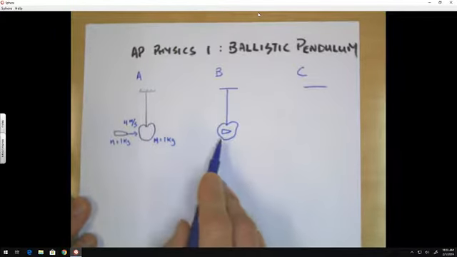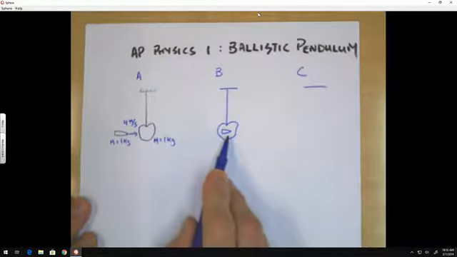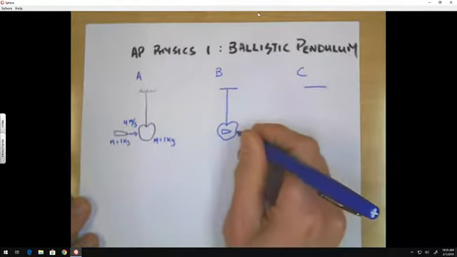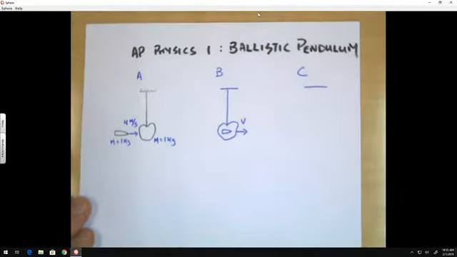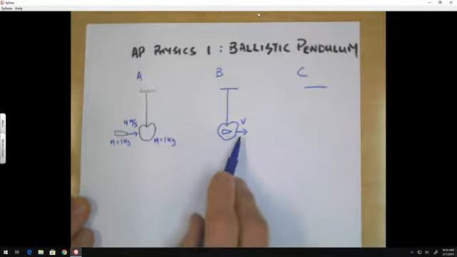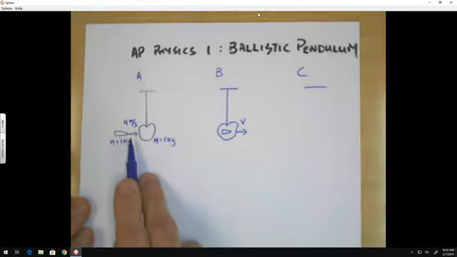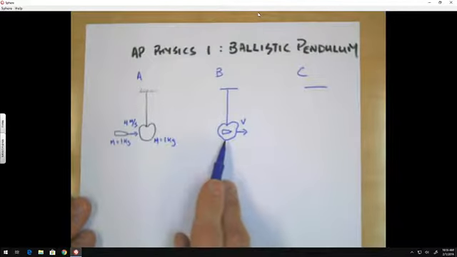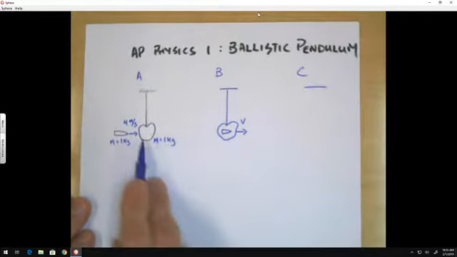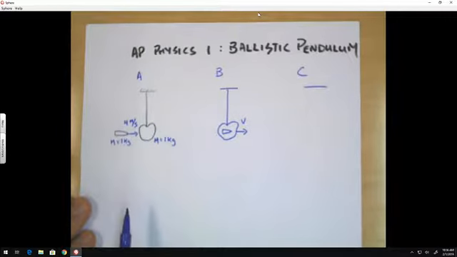So we're going to have the dart inside the apple, and now this apple is going to recoil with some velocity v. This velocity is not going to be the same as the initial velocity, and I hope you can recognize that this type of collision is an inelastic collision. It's a sticking collision. So we're going to have to use some momentum conservation to figure out what that velocity is.